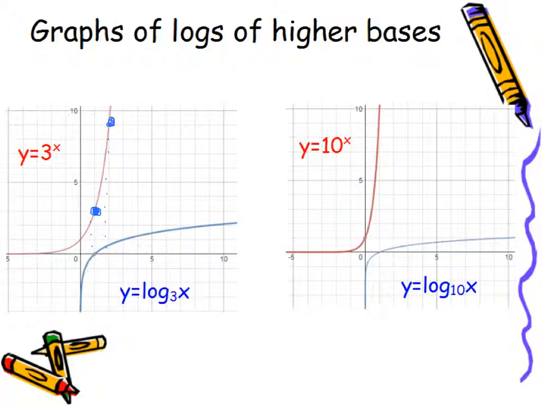If you were to swap those ordered pairs, instead of going over 1 up 3, I'd be going over 3 up 1. There's that point. Instead of over 2 up 9, I'm going to go over 9 up 2. And you can see how those lie on there. So that's a handy realization to know that those ordered pairs are just going to flip-flop.